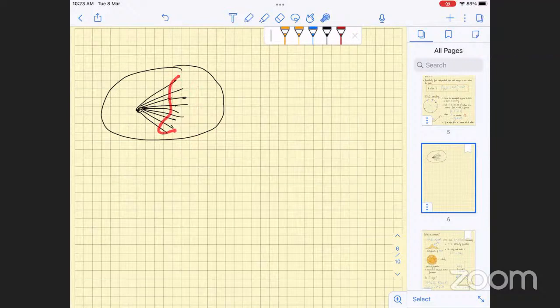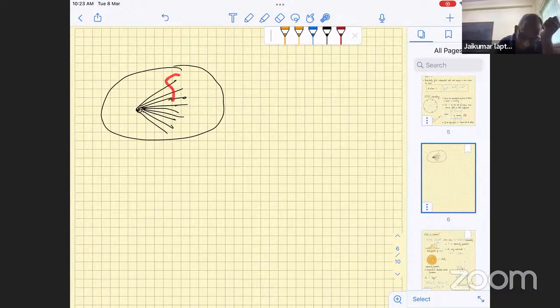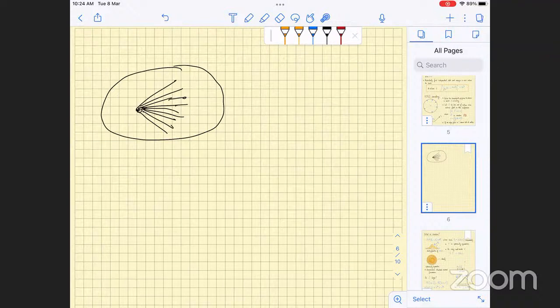Bipartite. This has to be bipartite. Is that clear? Edges can be there among the neighbors, but it is bipartite.